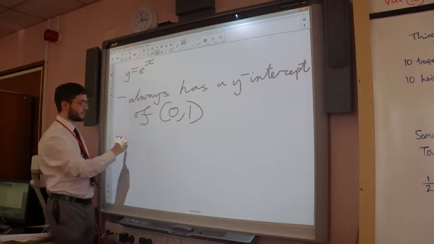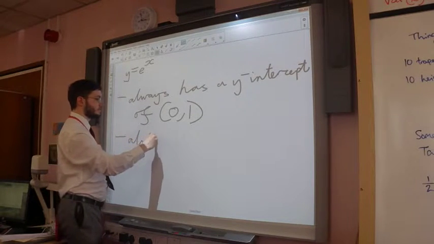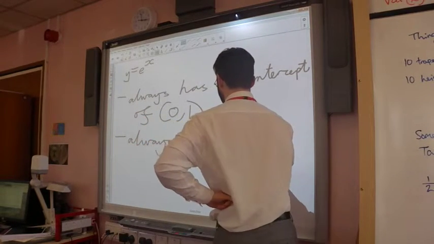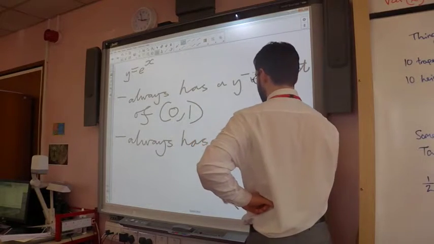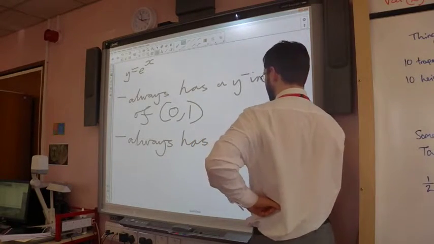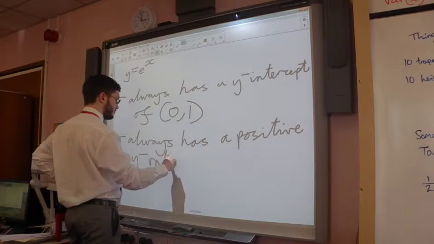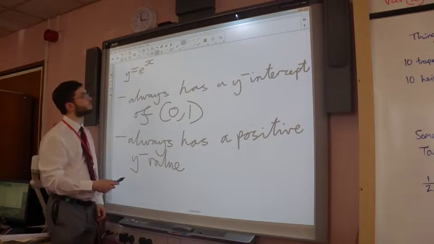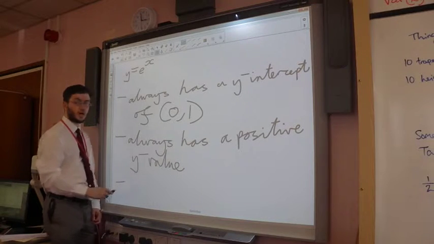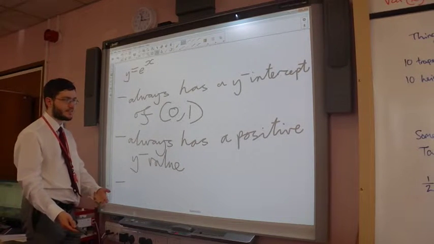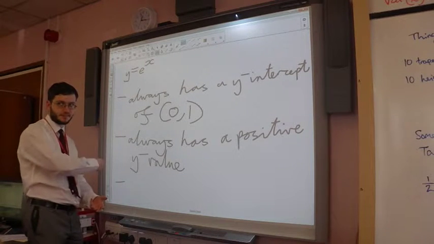Y equals e to the x always has a positive y value, even if it's really small. Y equals e to the x never intersects the x-axis except at negative infinity.